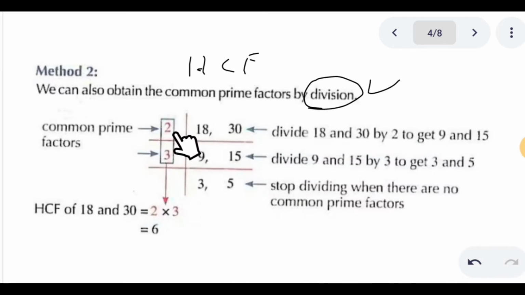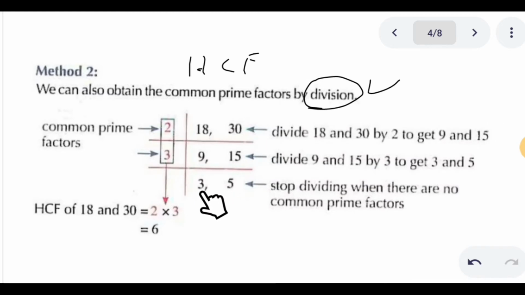We use a prime number by which both of these numbers are divisible. So these two numbers 18 and 30 are divisible by 2, so we divide them and we get 9 and 15. Again we see that 9 and 15 can be divided by another prime number, that is 3. So again we divide 9 and 15 by 3 and get 3 and 5.